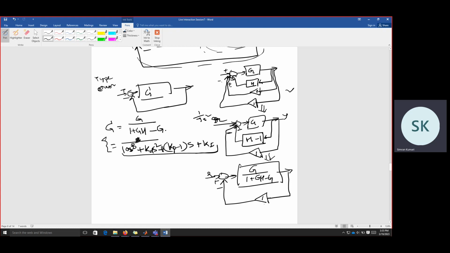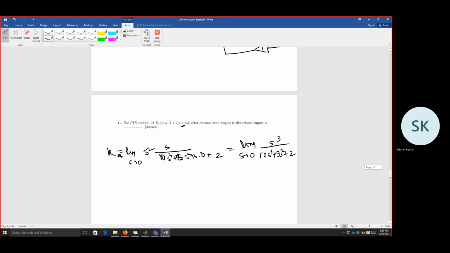So obviously this will not be S, this will be 1. Because Js square and the denominator of this one will cancel out. This will be like this. Okay. We will have this will go to 1. This will go to S square.